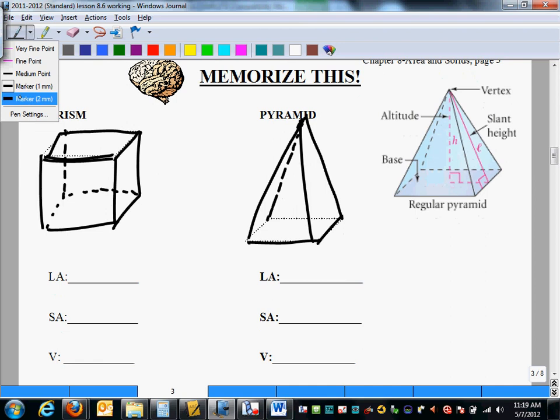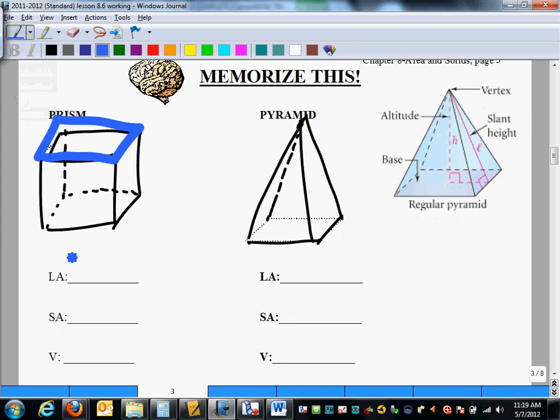The equation for the lateral area of a prism is the perimeter of one base times the height. Remember, there's only one height in a prism.